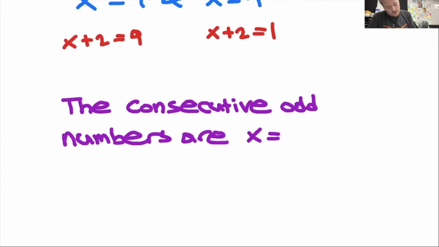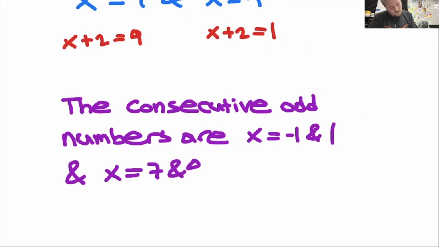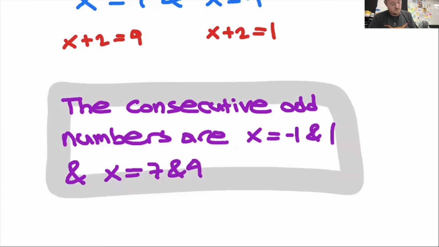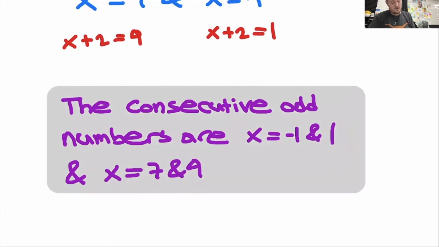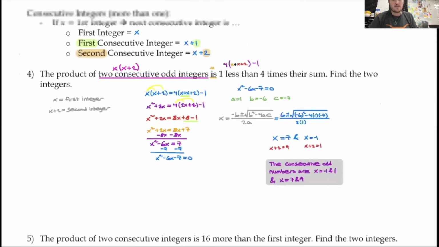So x equals -1 and +1, and x equals 7 and 9. So if I just wanted the positive set, then you would totally disregard the -1 and 1. If I wanted the negative set or the smaller set, then you would disregard the 7 and 9. But in this case, I wanted both.